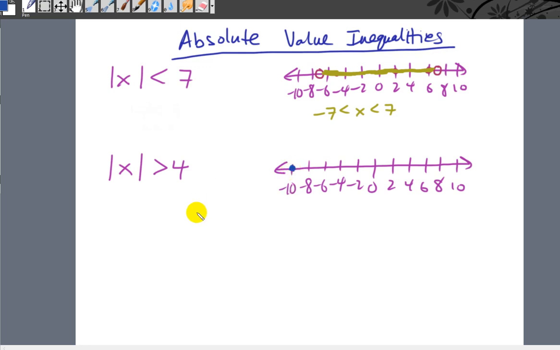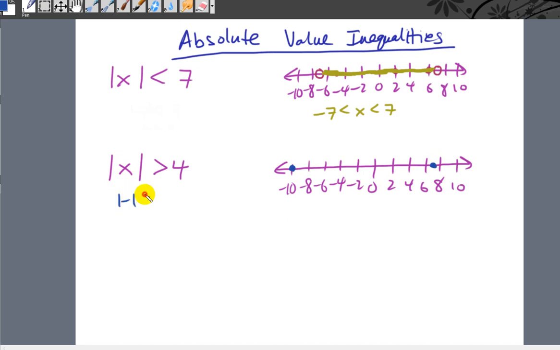Let's try another number. Let's say we try 7. If we tried 7 in here, the absolute value of 7 is 7, which is going to be greater than 4. That one's also going to be true, so I'm going to put that right there. Let's say we tried something like -1.